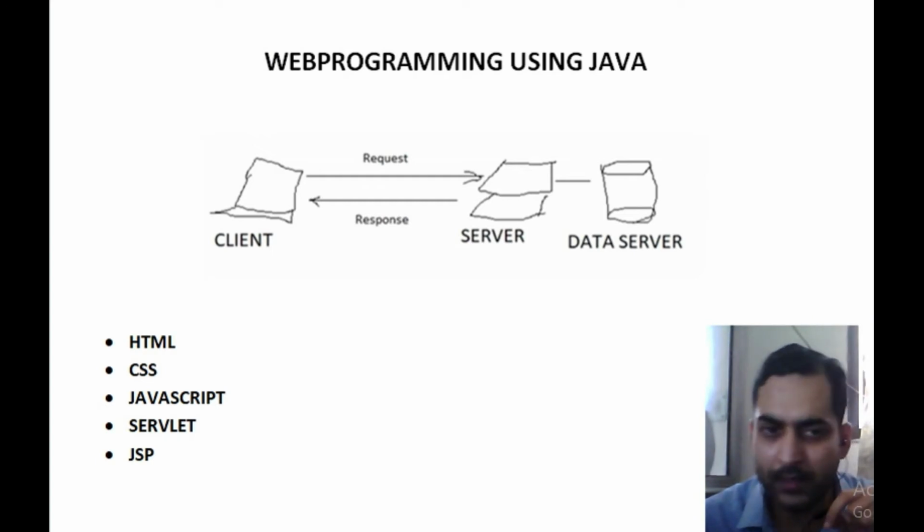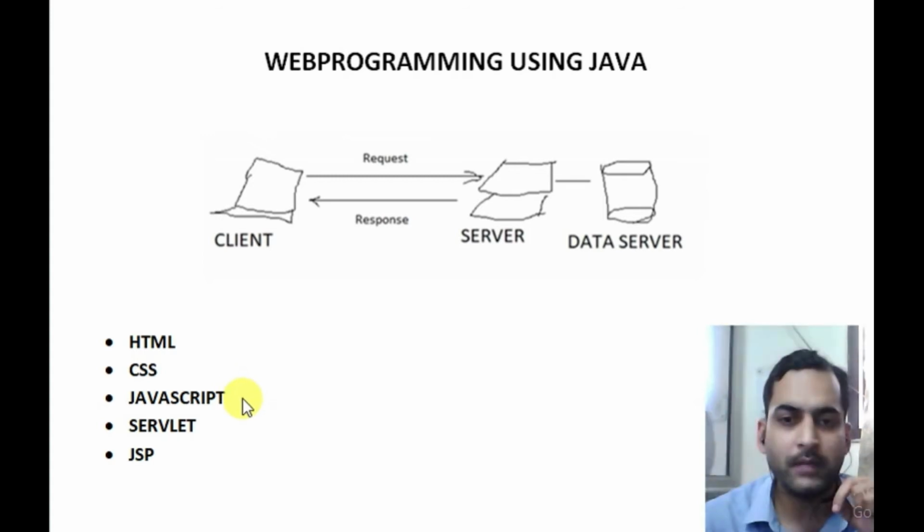JavaScript is a programming language and it can be used for the client-side validation of the form. It can also be used for some event handling, like we can add some behavior like when we press some button, then what should happen. That type of things we can perform using JavaScript.